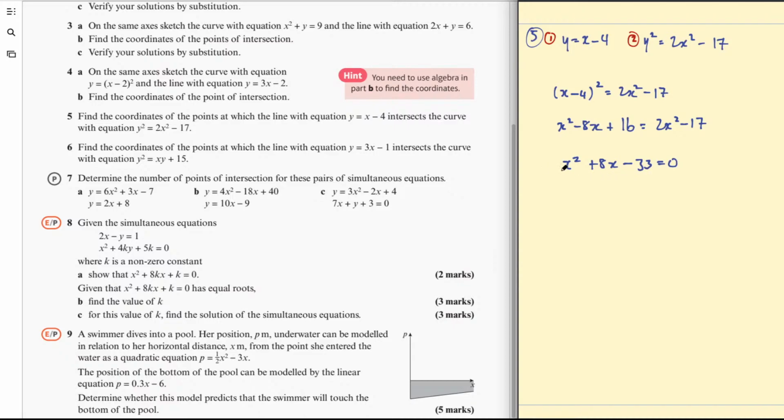This has 2 solutions, unless I'm wrong. So this would be x take 3 and x plus 11 equals 0. And then x equals 3 or x equals negative 11.